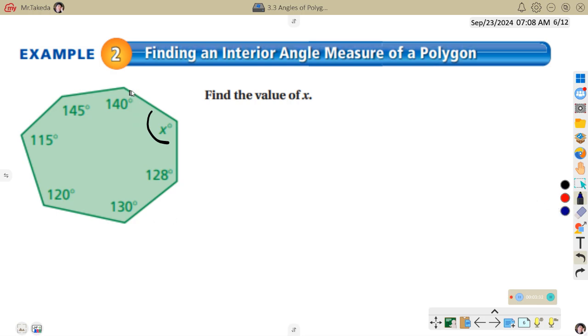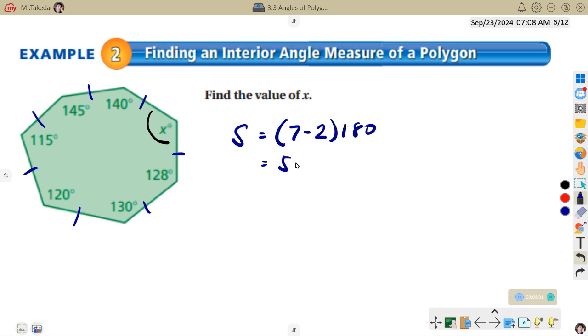Well, we have to find out how many sides there are, and then we can figure out what the total of all these interior angles is supposed to be. So 1, 2, 3, 4, 5, 6, 7. There are 7 sides here. So S will equal 7 minus 2 times 180.